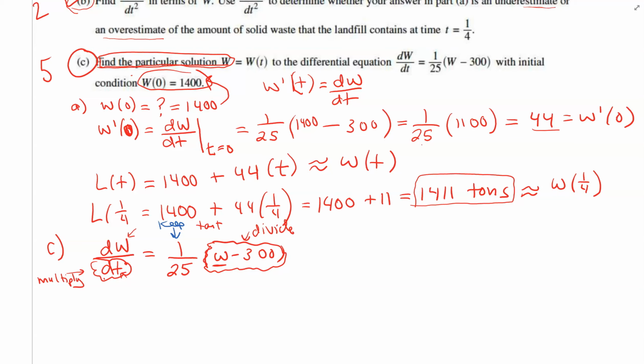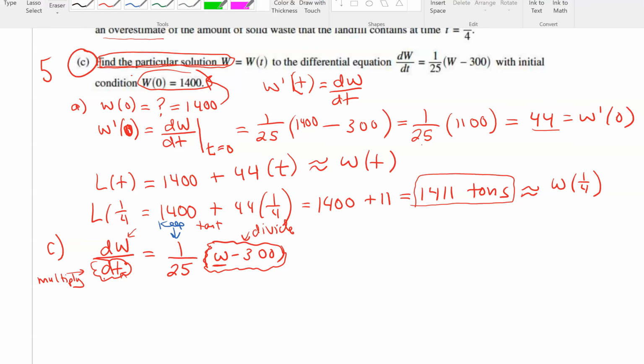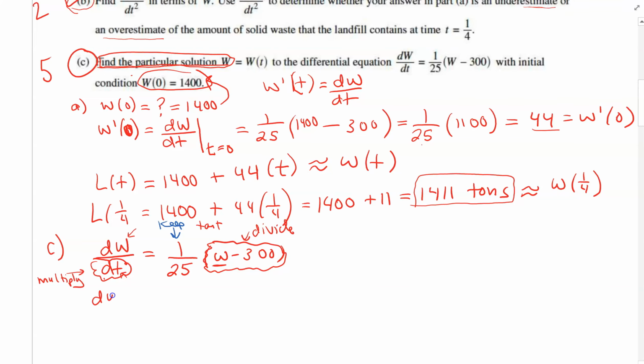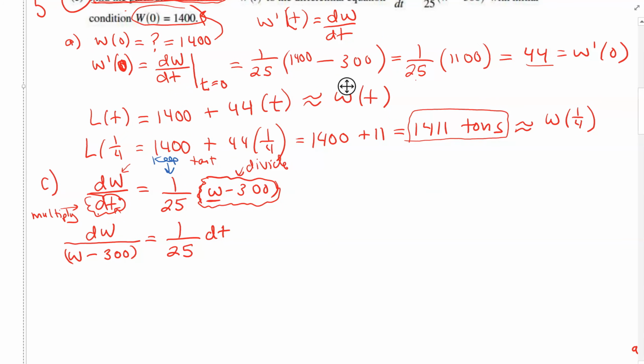Okay, so that would look something like this. dw divided by w minus 300 is equal to 1 over 25, because I kept that there, times dt, because I multiplied dt. So dt is in the numerator, w minus 300 is in the denominator. So that's worth 1 point right there, just the separation of variables.